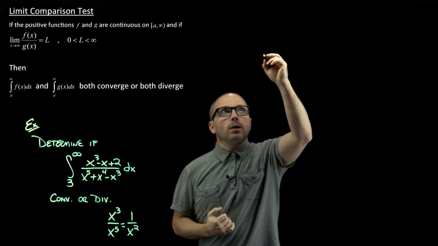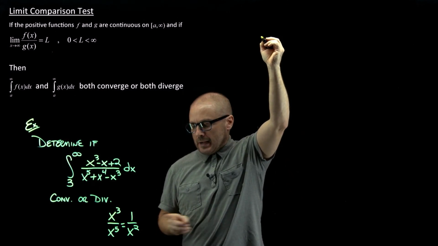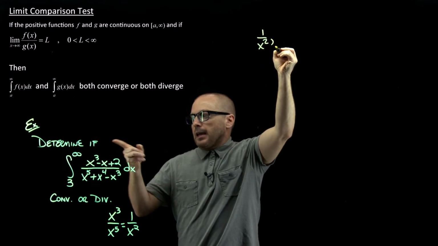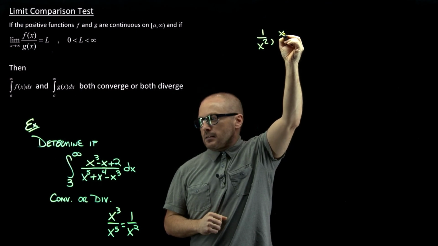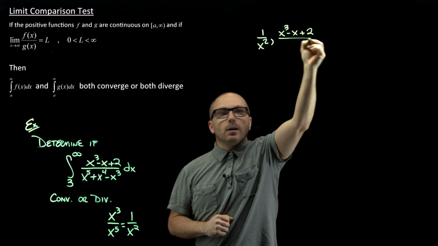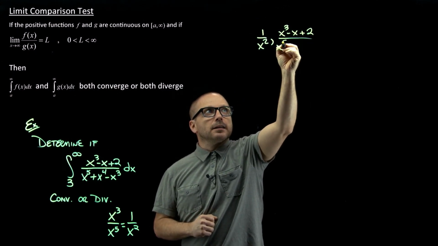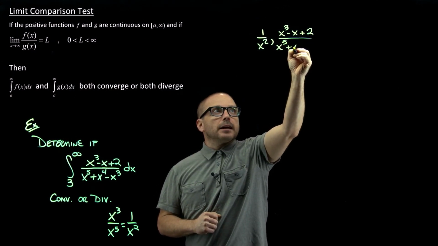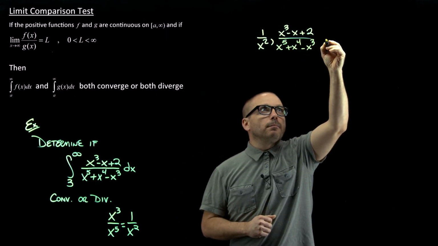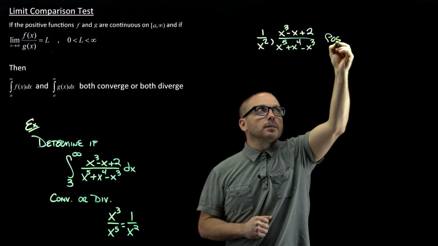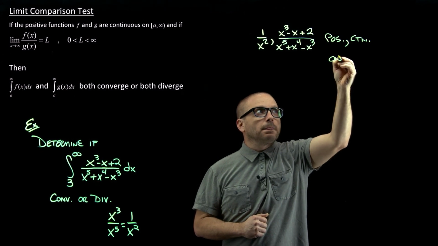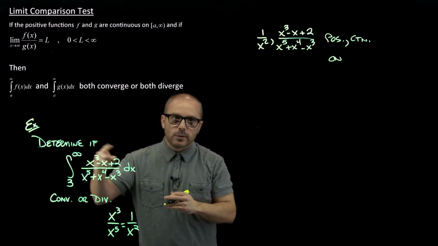So the first thing I want you to mention is that both 1 over x squared, the thing we're going to compare with, and our integrand, x cubed minus x plus 2 over x to the fifth plus x to the fourth minus x cubed, are positive and continuous on the interval that we're looking at, from 3 to infinity.